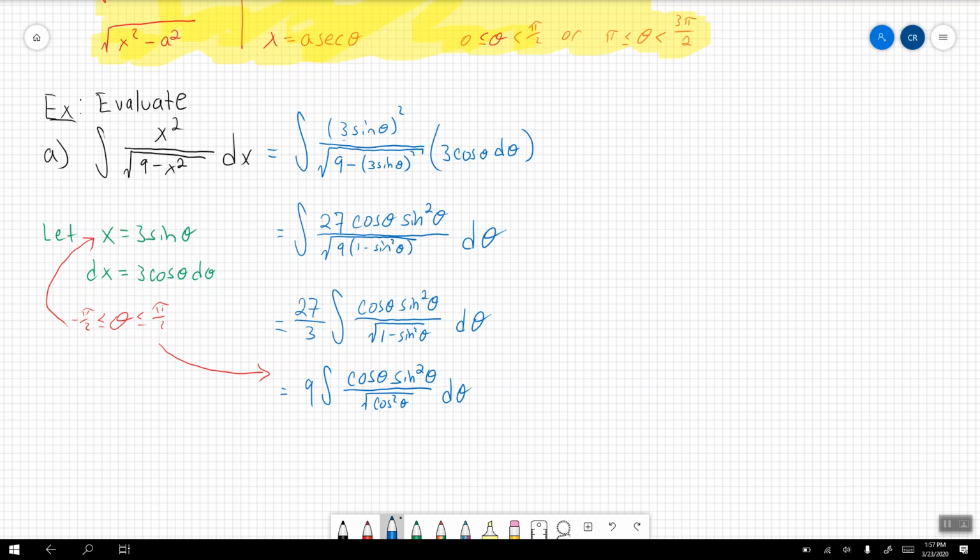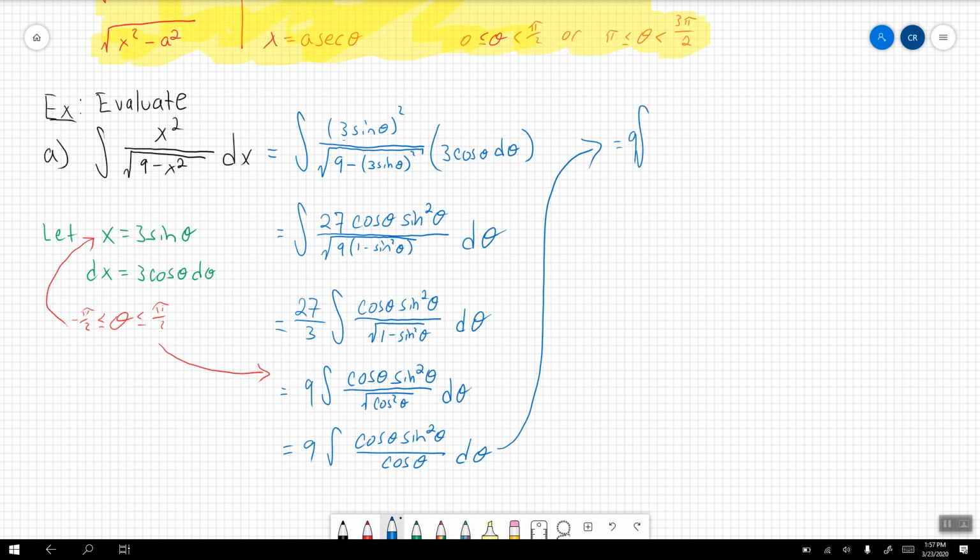Therefore, we kind of maneuvered our way to say that our integrand is now cosine theta times sine squared theta divided by cosine theta. And you're going to see here, well, great, because at this point in time, we can now simplify that integrand.